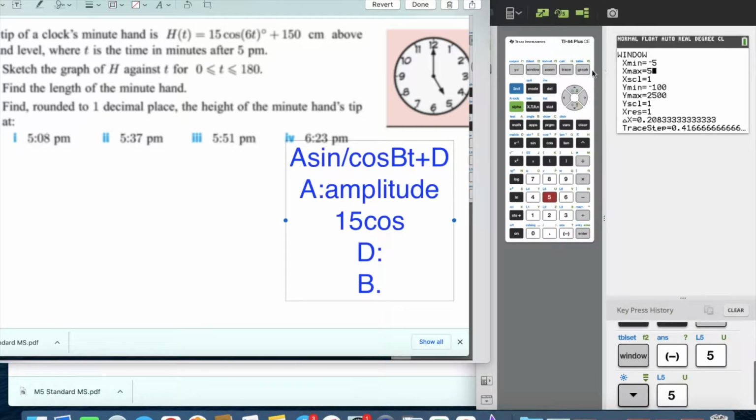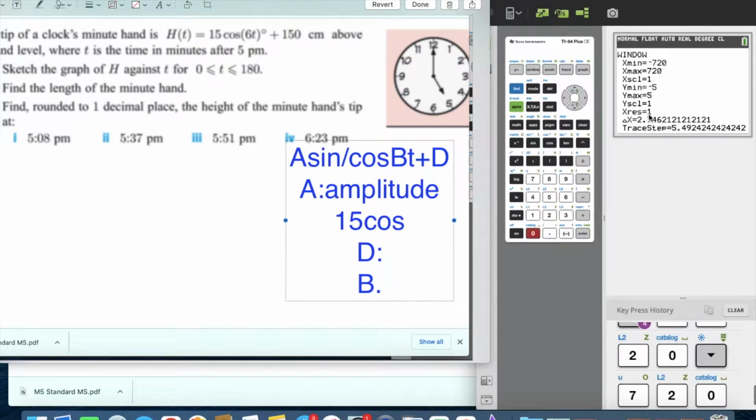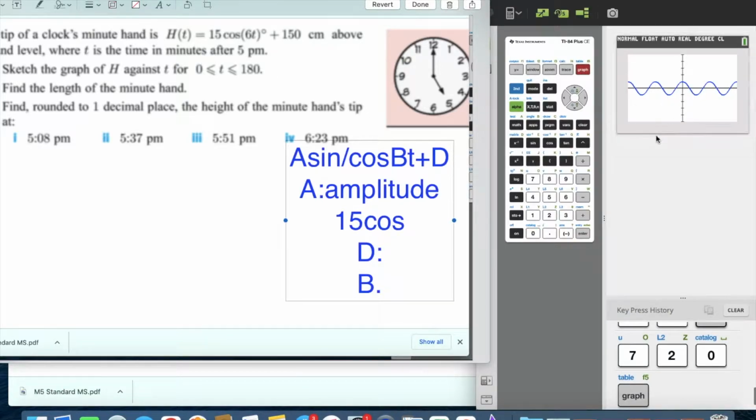Let's change this so the y should actually be between -5 and 5, and the x, let's say, between -720 and 720. The reason why I've chosen -5 and 5 will become quite clear now.